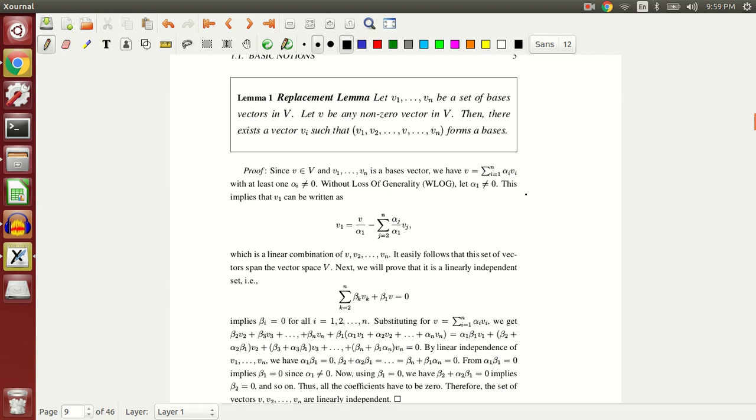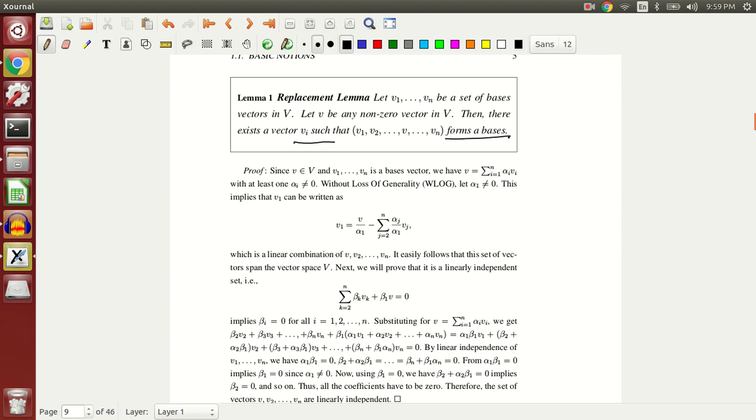and let v, non-subscript v, be any non-zero vector in V. So these form the set of basis vectors in V, and v is any non-zero vector in V. Then there exists a vector vi such that v1, v2, up to vn, with vi replaced by v, forms a basis.